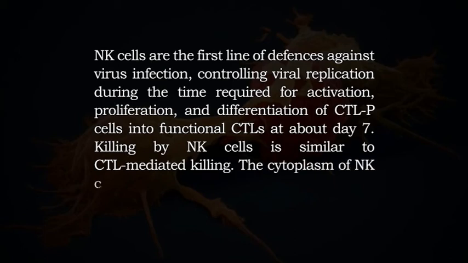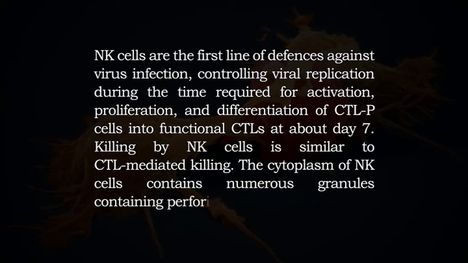The cytoplasm of NK cells contains numerous granules containing perforins and granzymes. Unlike CTLs, which need to be activated before granules appear, NK cells are constitutively cytotoxic, always having lytic granules in their cytoplasm.